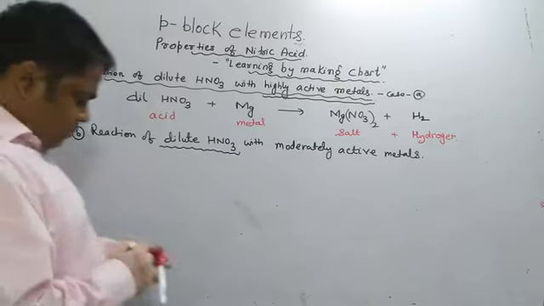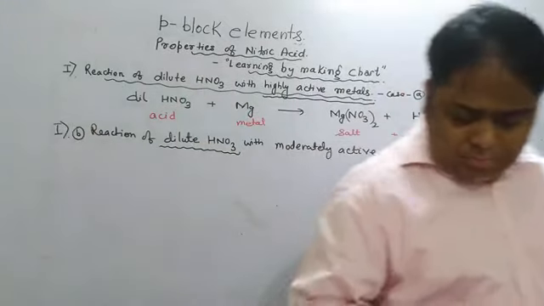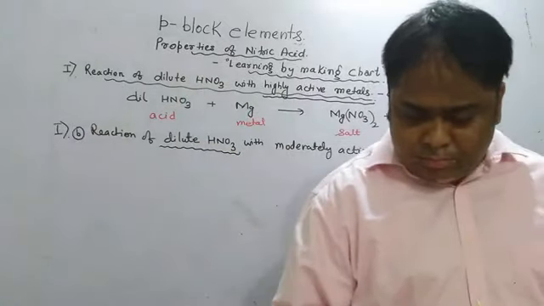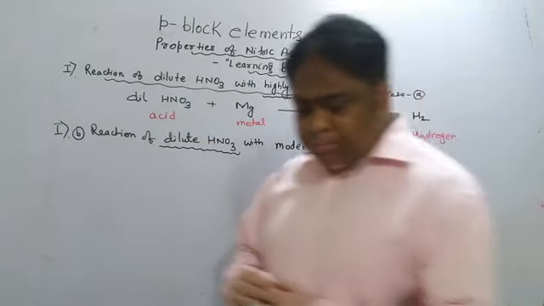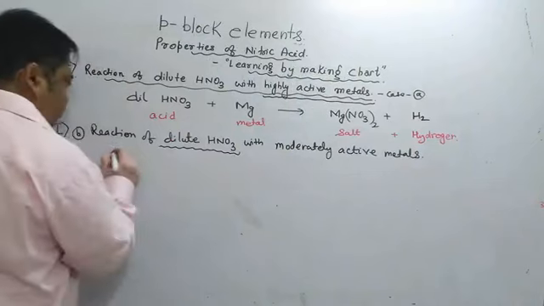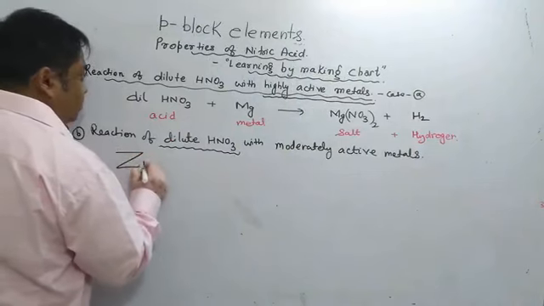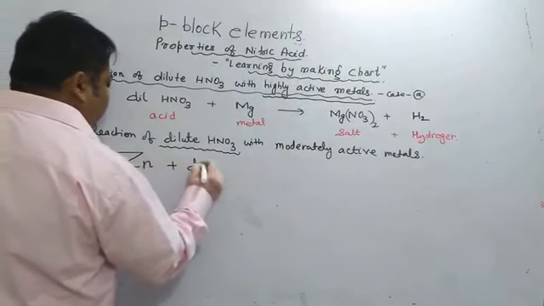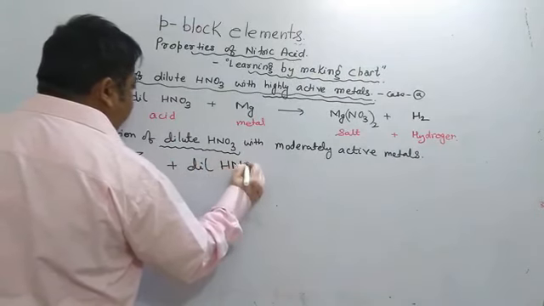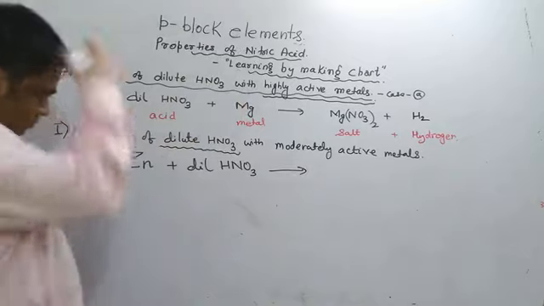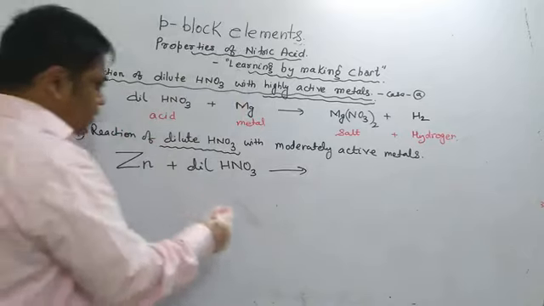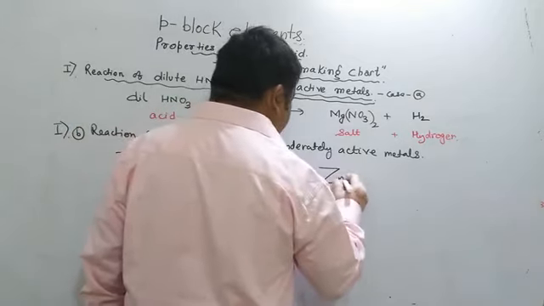So let us take one example. Say if I take zinc plus dilute HNO3, it will form zinc nitrate for sure.